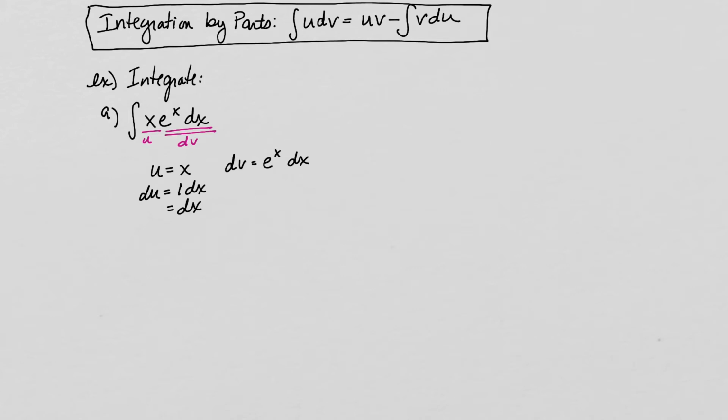And then to find v, I have to integrate. So v is equal to the integral of dv, so it's going to be the integral of e to the x dx. And what's the integral of e to the x?